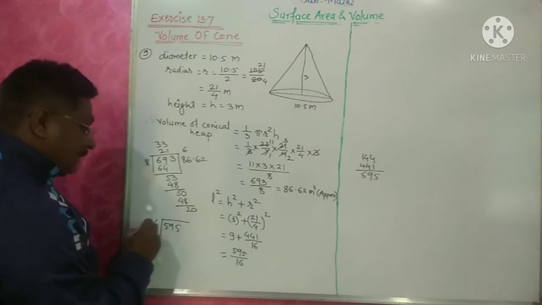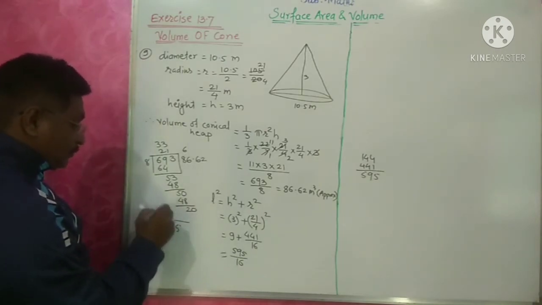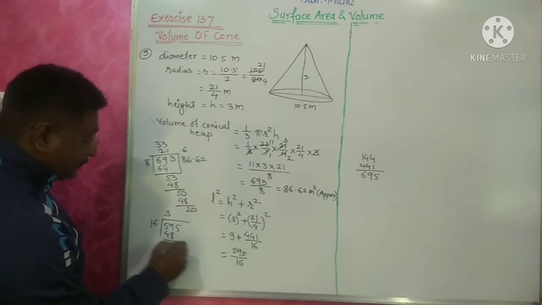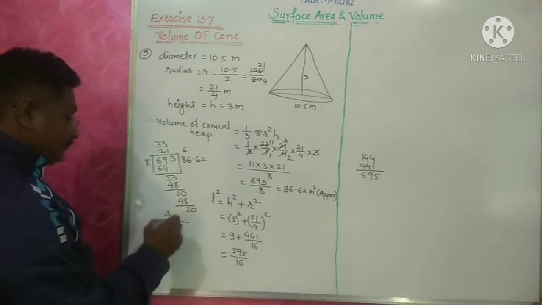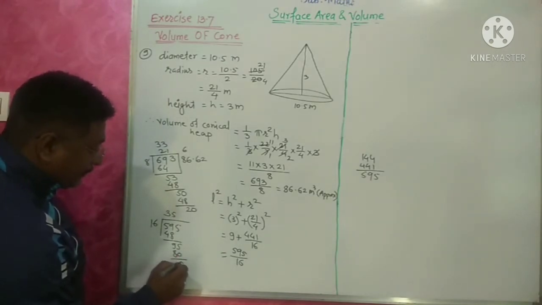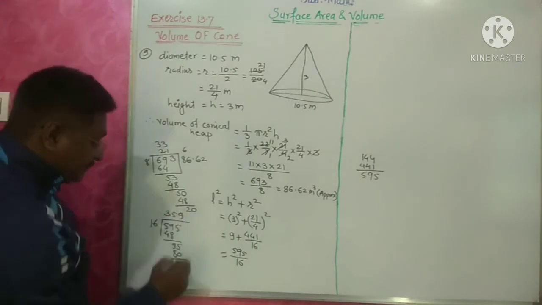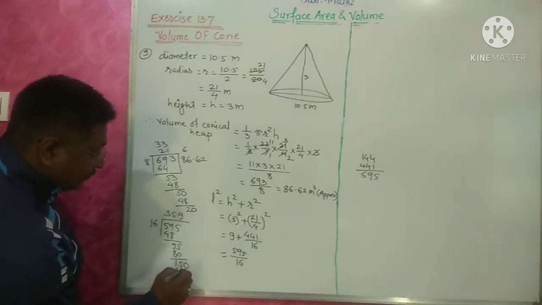595 divided by 16. 16 3s are 48. 16 5s are 80. 16 9s are 144.